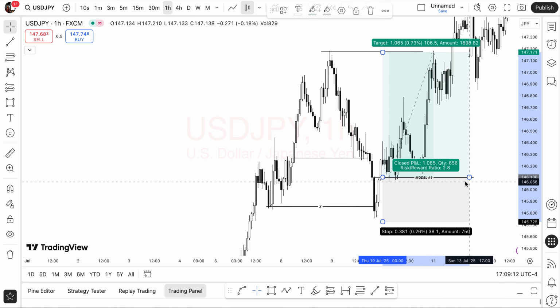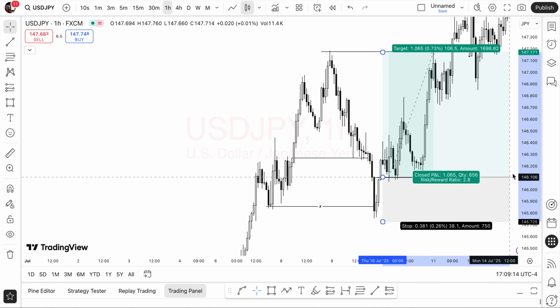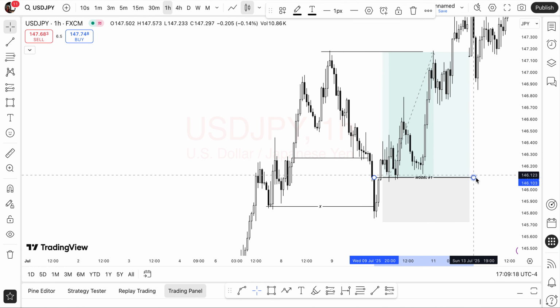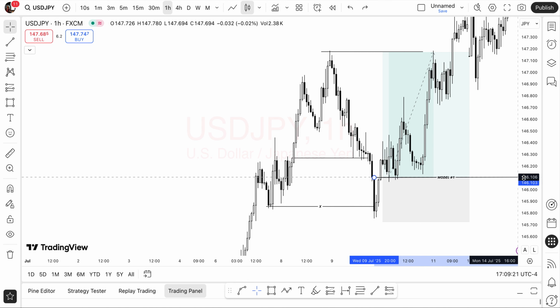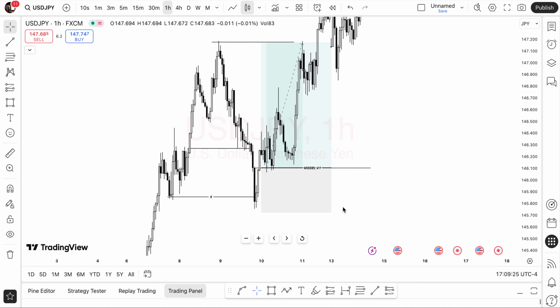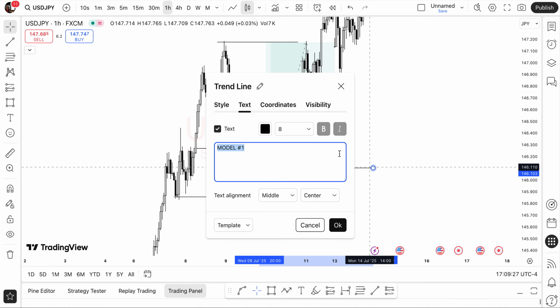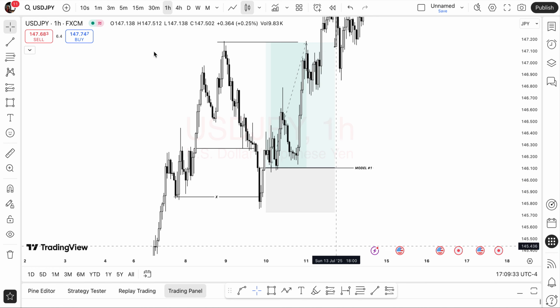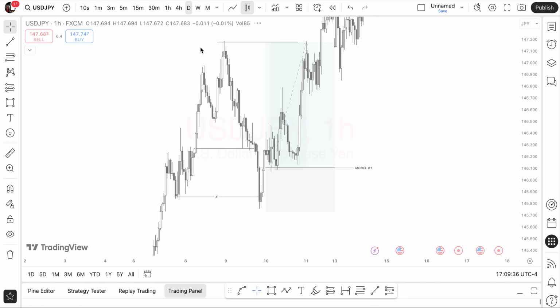Then your second target will be the time-based liquidity. Let me go back to daily time frame so you can see what I'm saying.